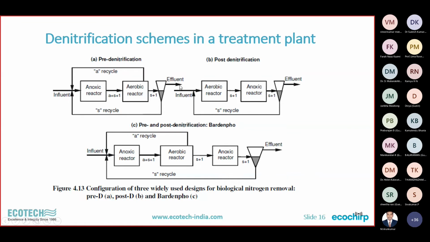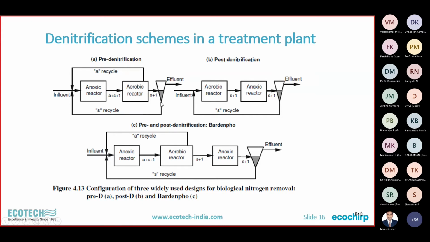And then your treated water, and depending on the amount of nitrogen incoming, you can determine by a mass balance, a nitrate balance, what should be the recycle rate. If the influent rate is Q, whether the mixed liquor recirculation rate should be Q or 1.5 Q, 2 Q, 2.5 Q, or whatever, has to be determined by a nitrate balance around this aerobic reactor.